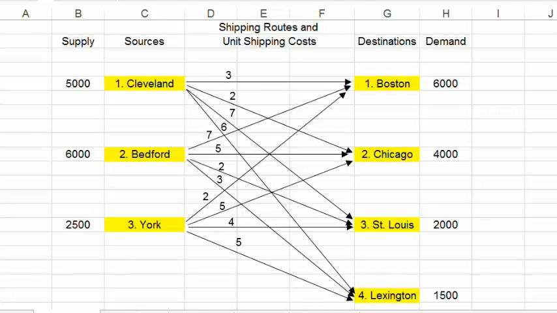But this kind of problem is applied in many situations, not just in transporting goods but transporting people. There are a lot of examples where people use transportation models to decide how to send people from one set of places to another set of places.